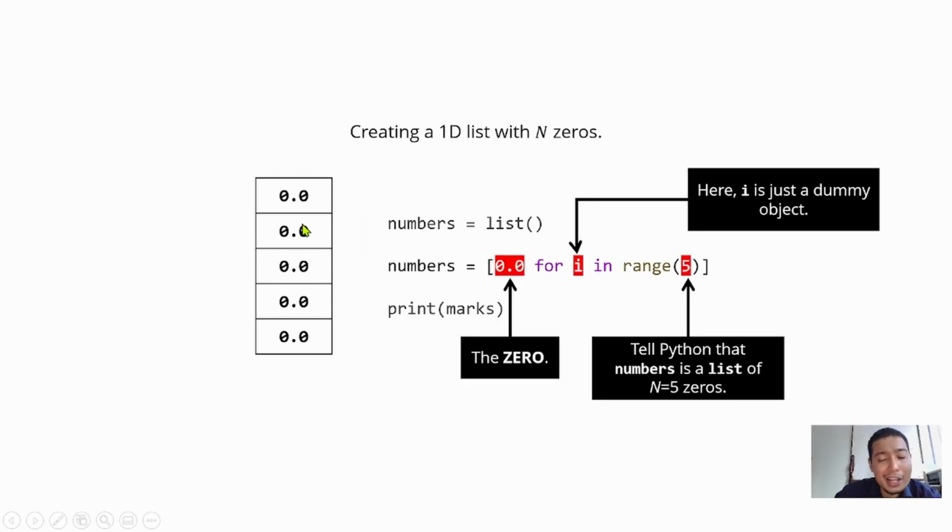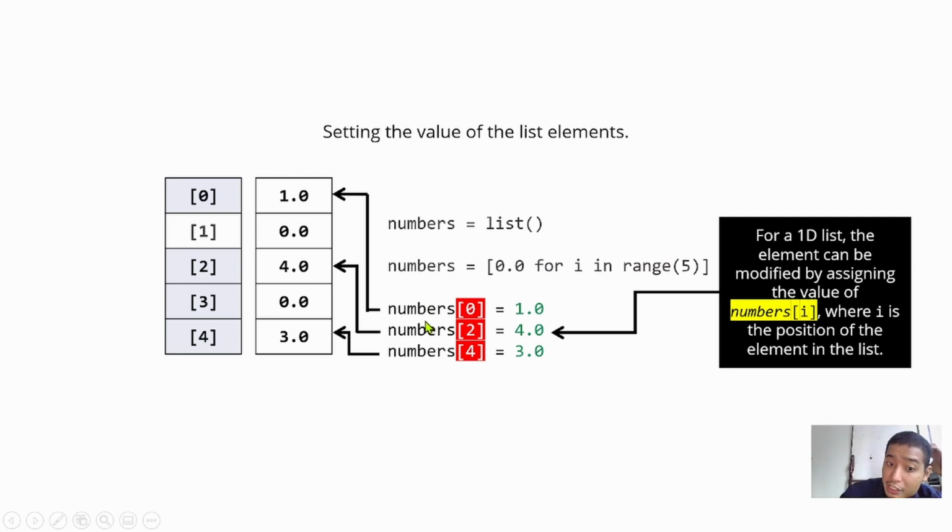Firstly, you declare that your list consists of 5 zeros, and then you want to change the values over here, here, and here. So you use the same way that you access the numbers. Here you are using numbers, and then you want to access the zeroth position.